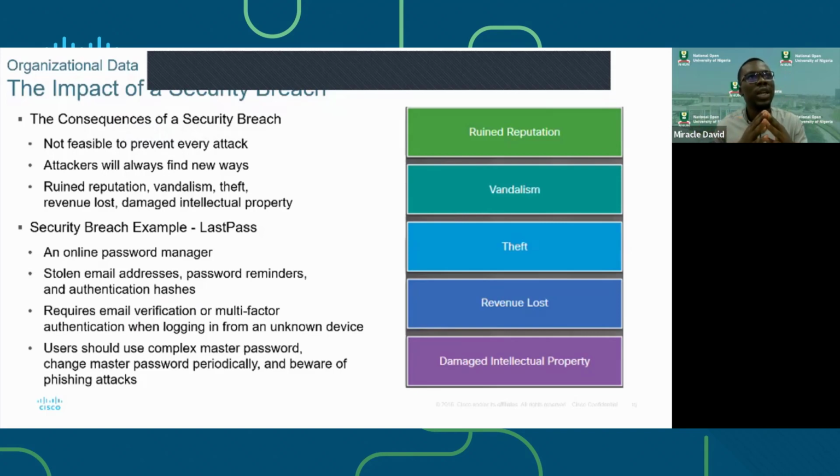Let me explain it this way. Let's take, for example, you have a house and you usually lock the front door of your house, but for some reason you just close the back door. That means that house is vulnerable to attack if the attacker uses the back door instead of the front door.